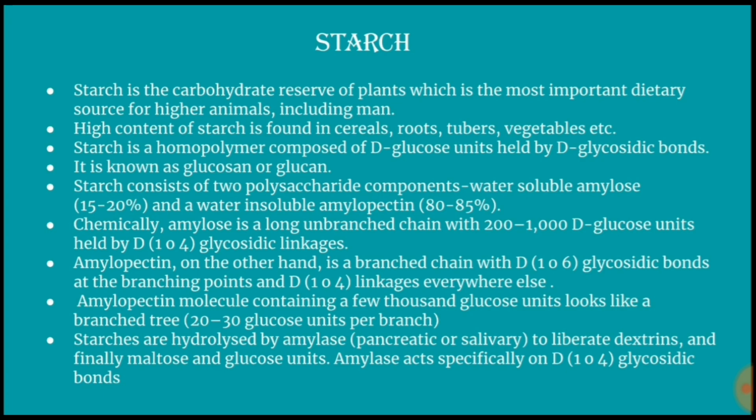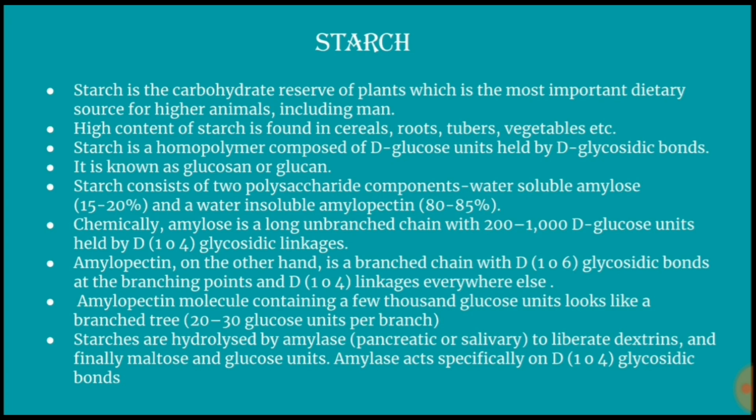Next, coming to amylopectin, which has 1 to 6 linkage. The first carbon of a monosaccharide or glucose is linked to the 6th carbon of another glucose unit. So the 1 to 6 linkage is seen in amylopectin, as well as 1 to 4 linkage.